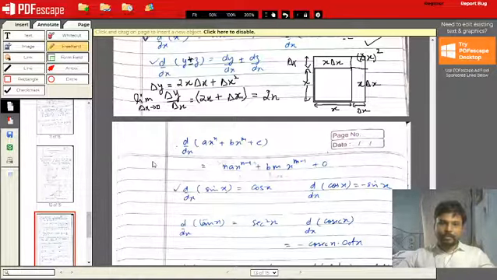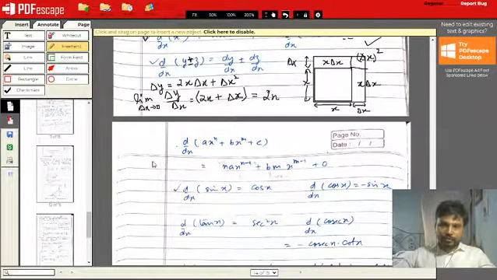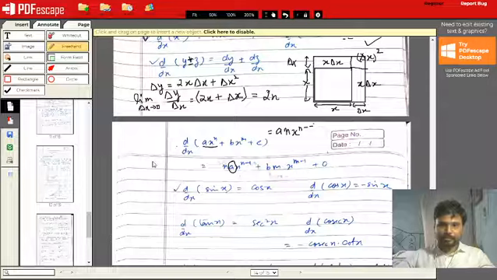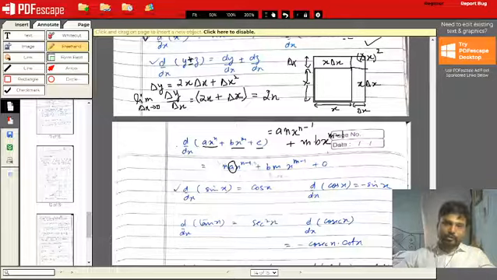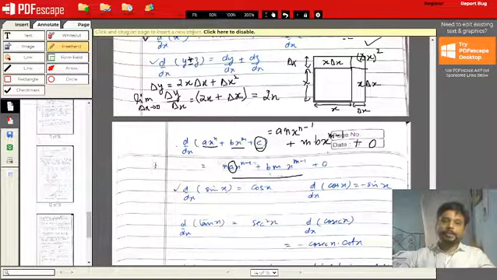Differentiating the first term, we have taken a outside, differentiating x to the power n as nx to the power n minus 1, differentiating bx to the power m, we get m into bx to the power m minus 1, and differentiation of c, which is a constant, is 0. So this is what is written here.